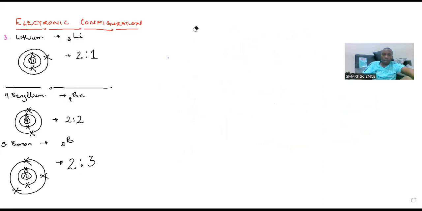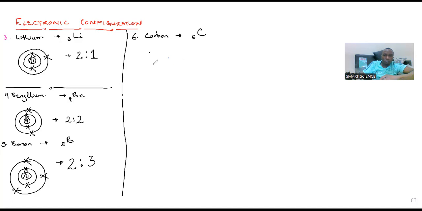So our next is element 6, which is carbon, symbolized by capital C. Atomic number is 6.